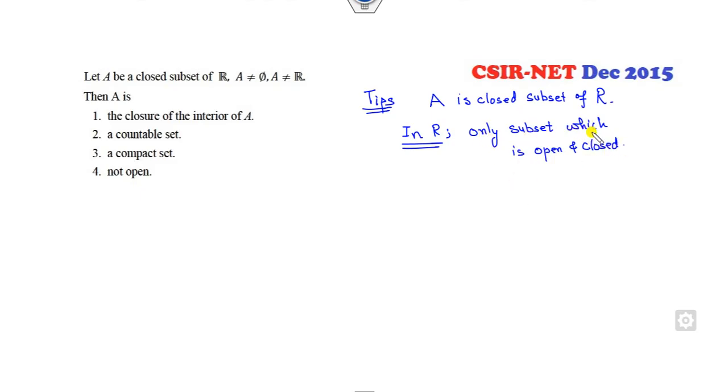The only subsets which are open and closed are either phi or R. But he said A is neither phi nor R.